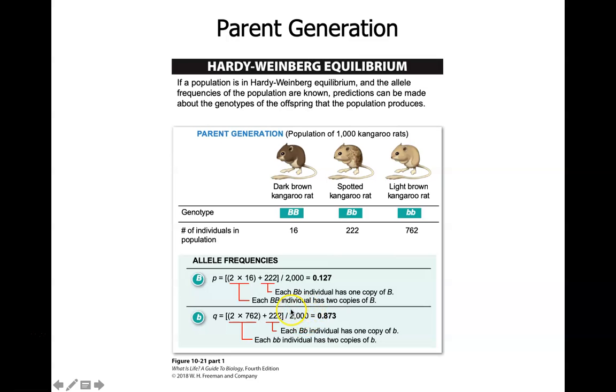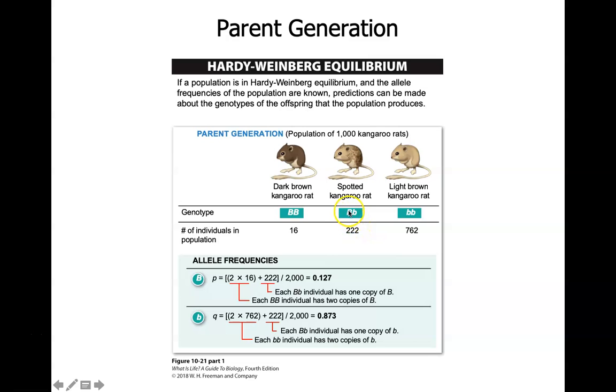So again, to calculate the recessive allele, Q is equal to the frequency of the recessive allele, we're going to start with our 2,000 alleles. Remember, that's because there are 1,000 kangaroo rats, 2 alleles each. Now, we're going to calculate the total number of little b alleles. There are 762 individuals. They each have 2 copies of the little b allele. So we have 762 times 2 copies each, plus those alleles that are in the spotted kangaroo rats. Remember, there are 222 individuals.